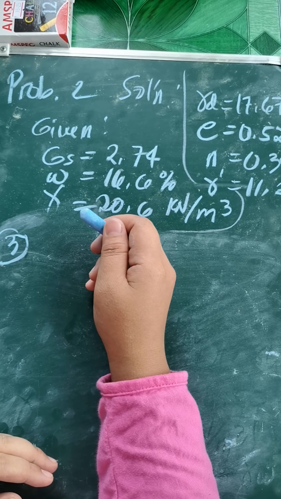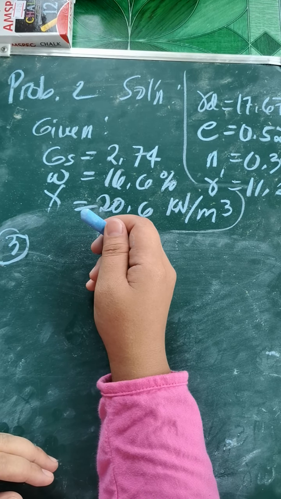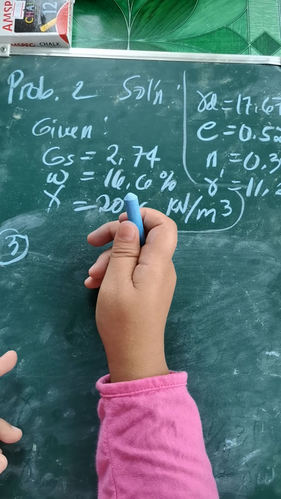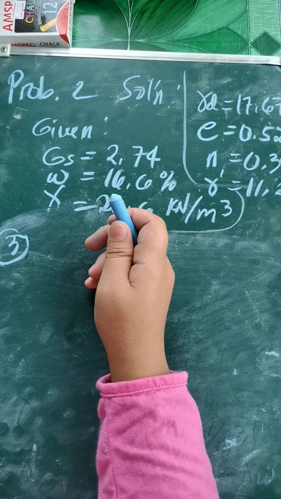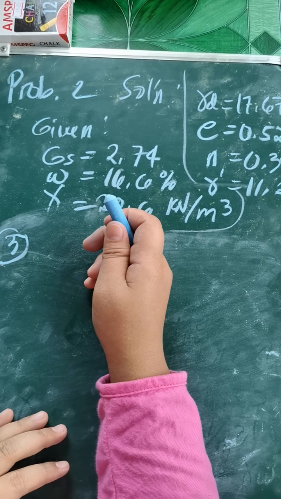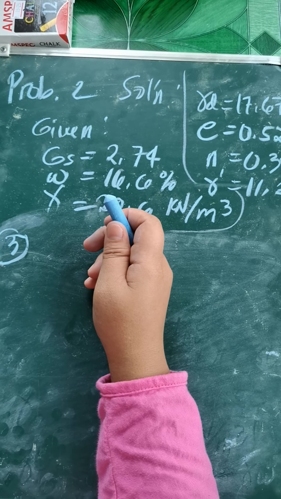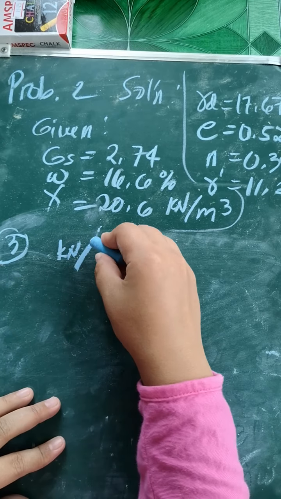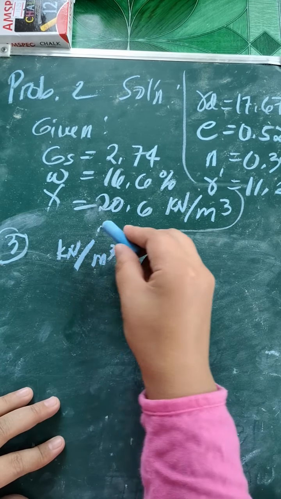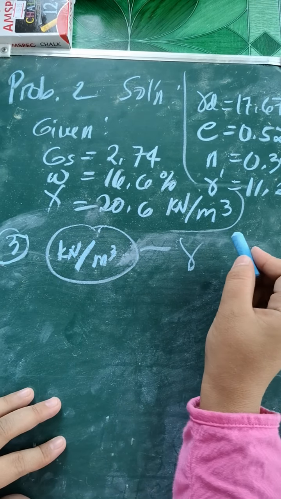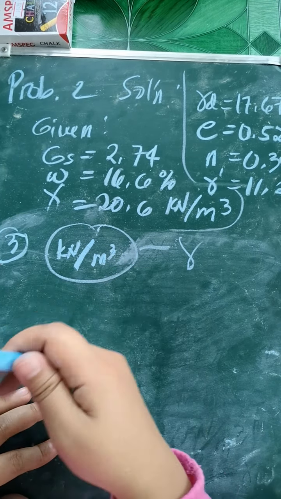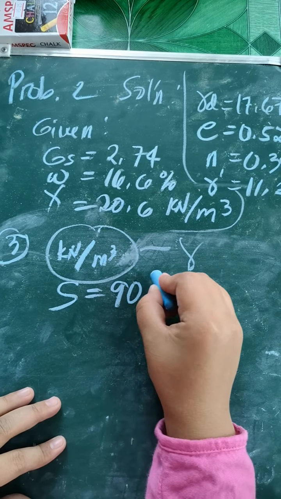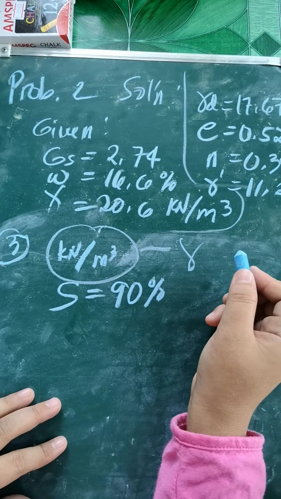You may think that what we're going to compute is the weight of the water. So, literally, we can imagine the weight that is in kilograms or in kilonewton. But there is an additional here, that weight of water in kilonewton per cubic meter. So therefore, what is asked here is somehow a unit weight. And then there is an additional given, that is degree of saturation, that is equivalent to 90% degree of saturation.